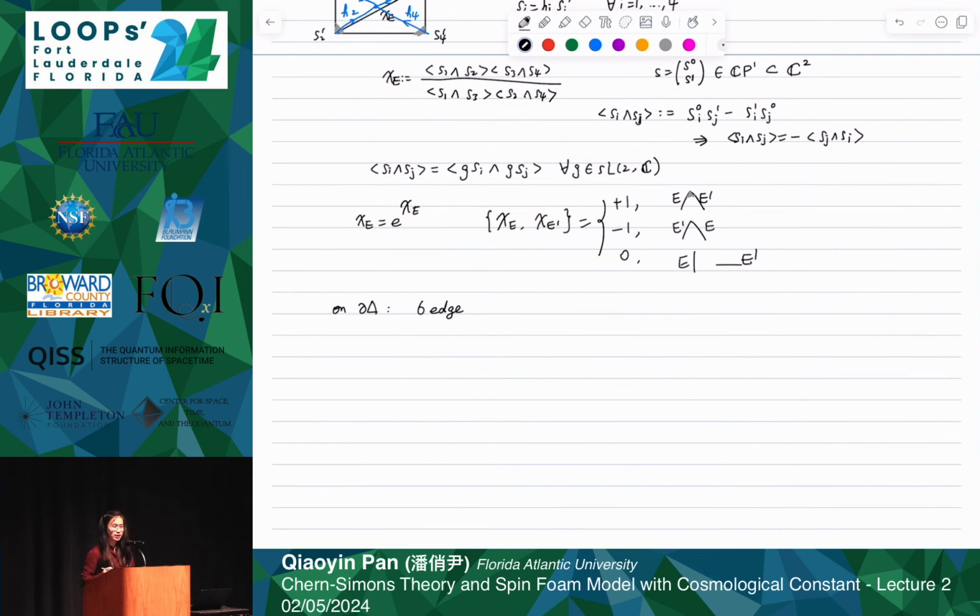But because it's a moduli space of flat connections, we require the eigenvalue of the holonomy around each cusp to be trivial. So I have lambda equals 1 for all the cusp boundaries. I have 4 of them. So you immediately realize that the dimension of this phase space has to be 2. Question?